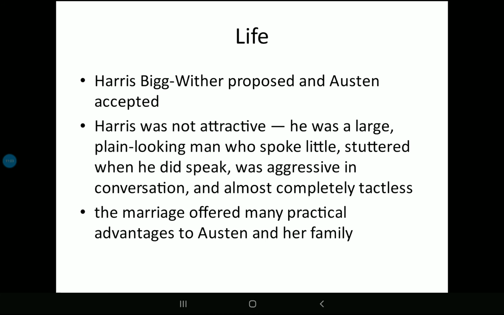I would like to mention the example of Collins, the marriage of Collins and Lucas. In this case, Collins was looking for a wife, and Lucas was aged enough. She didn't find anyone interested in marrying her. So ultimately, she accepted the proposal of Collins for a better future ahead.